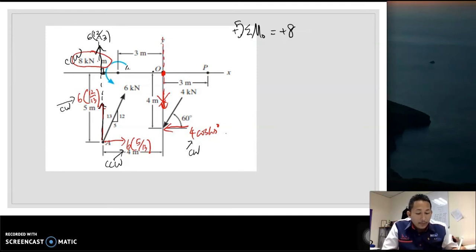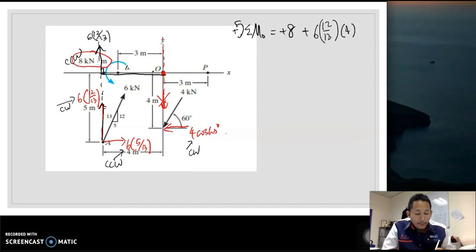So then we have the positive one plus 6 times 12 over 13, and the distance from O for this one is 4 meter, times 4 meter.